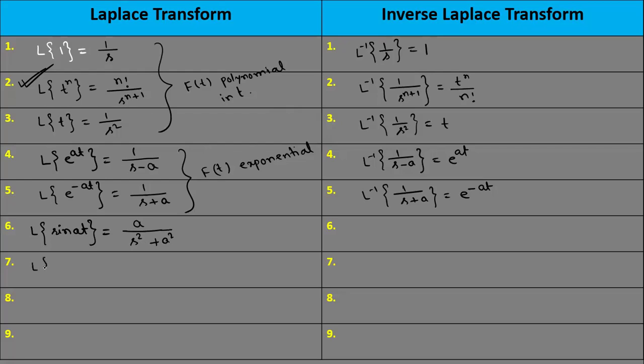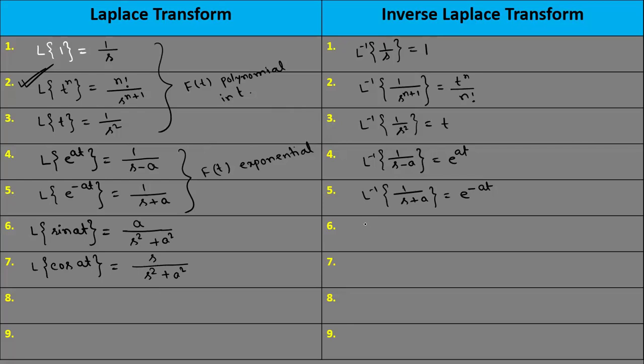Similarly, Laplace of cos at: when it is cos, you have to take the numerator as the function s. This is not a constant number, s is a variable. Divided by s square plus a square. Clear?